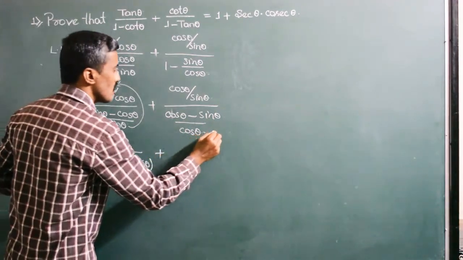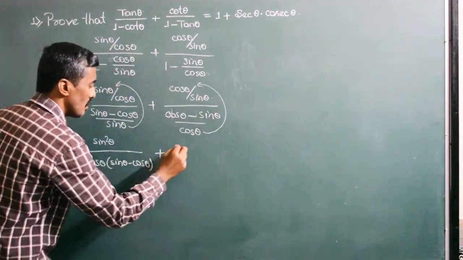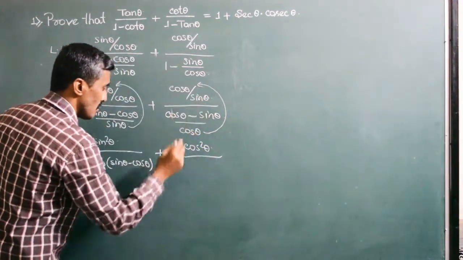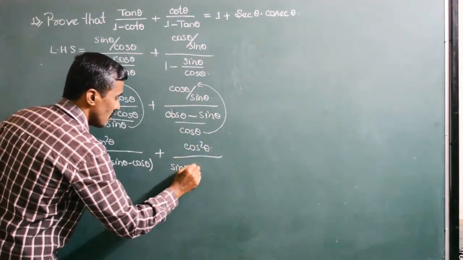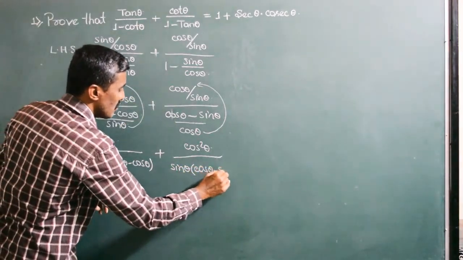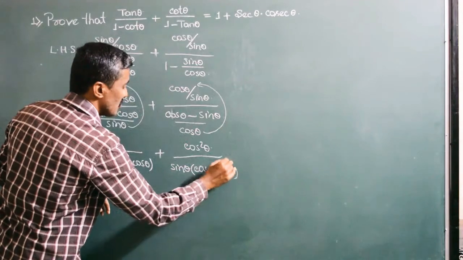Similarly here, this cos theta goes to the numerator, becomes cos square theta, then this sin theta comes to the denominator, then sin theta into cos theta minus sin theta.